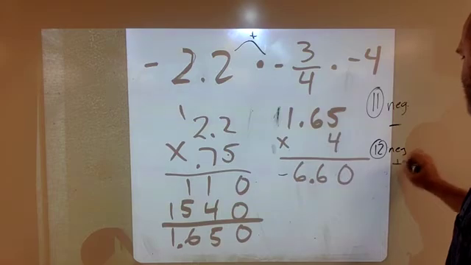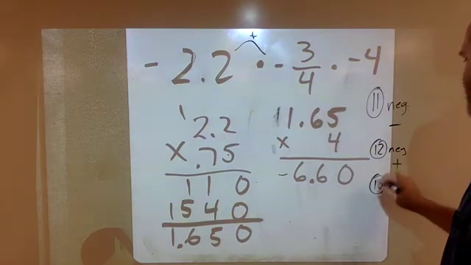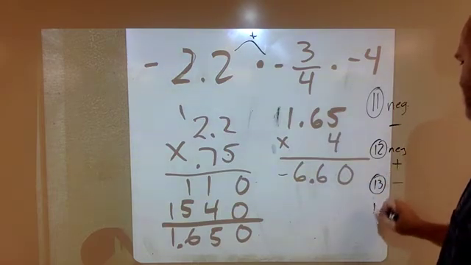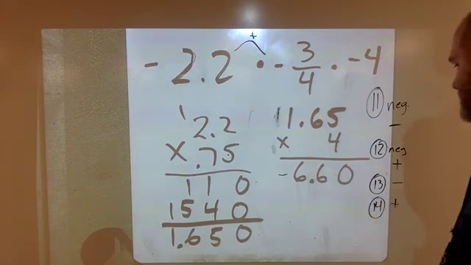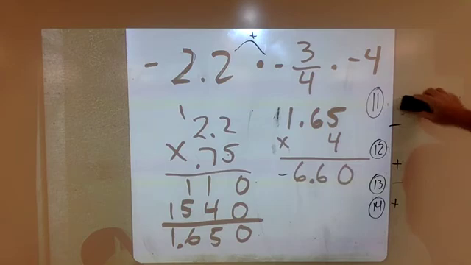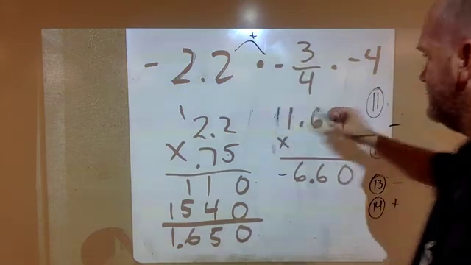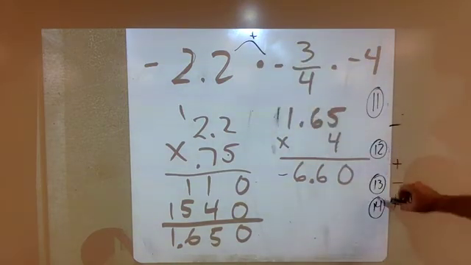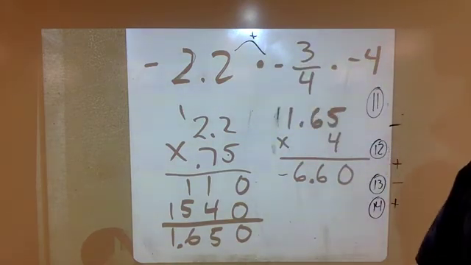Your answer is positive. How about 13 in a row? Negative. How about 14 in a row? Positive. Anybody picking up on the pattern here? The pattern is it's alternating, but more specifically, if you have an odd number of negatives, your answer is negative. If you have an even number of negatives, your answer is positive.